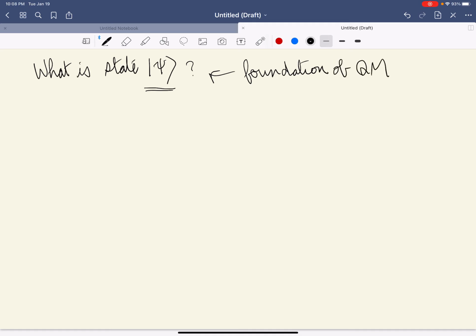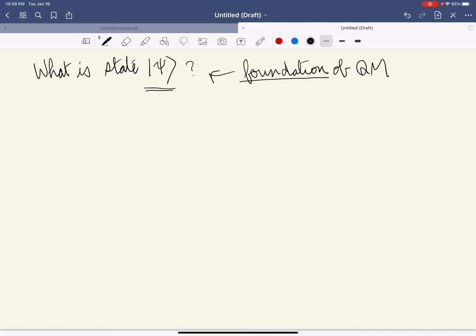So, by foundation, what I mean is that quantum mechanics is defined in terms of this object called a state. It's not that the state is defined in terms of quantum mechanics.